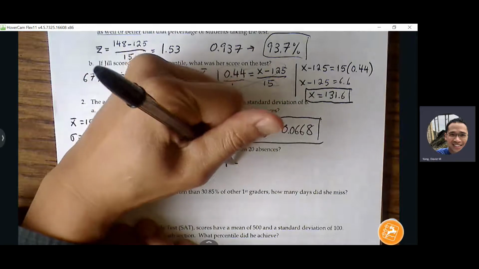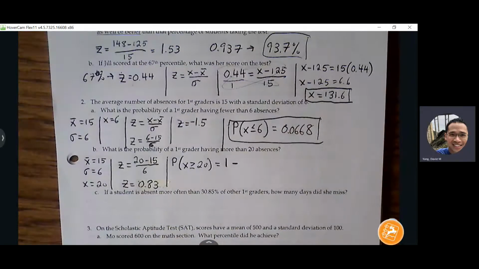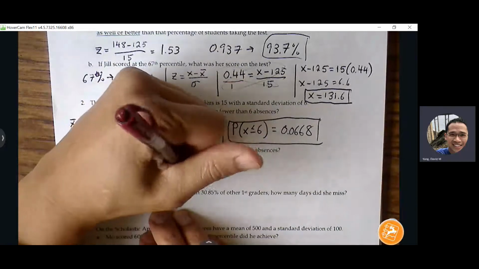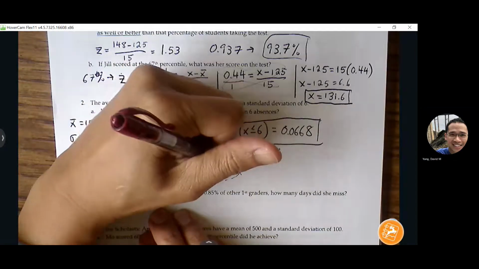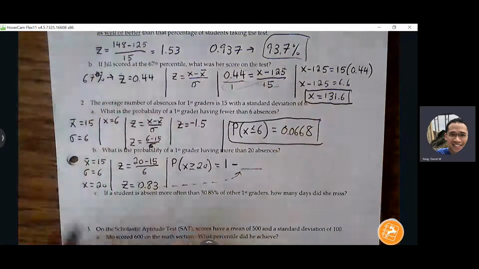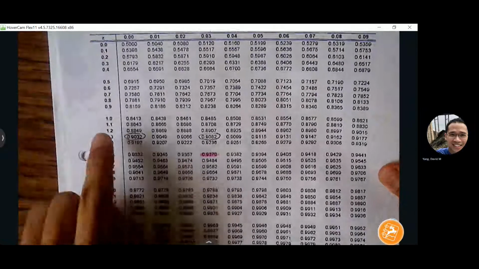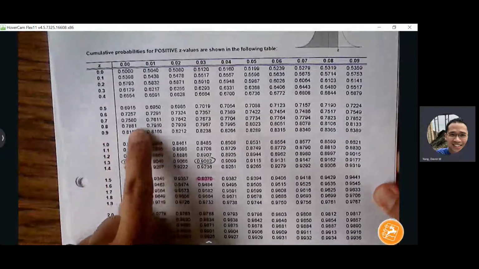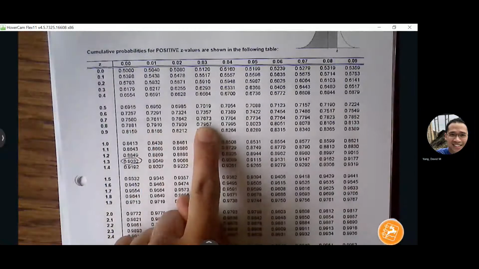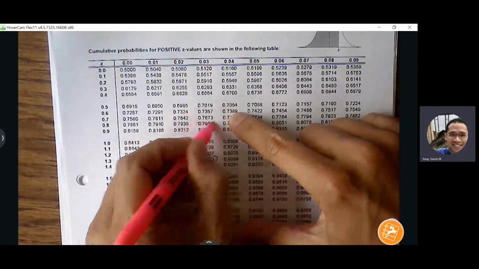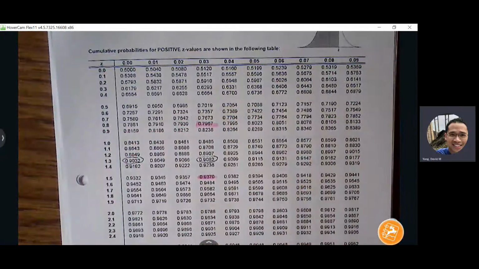We know it's going to be 1 minus the decimal value. So from that 0.83, we can figure what that decimal value is. Page 3. 0.83. Seven nine six seven.